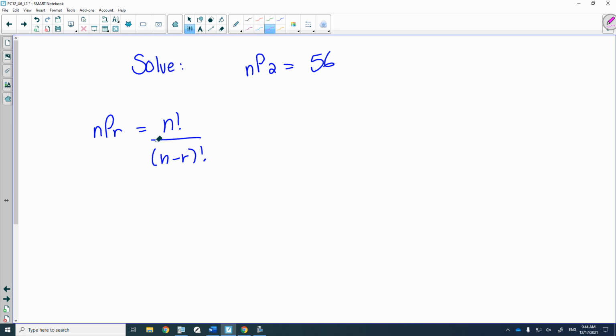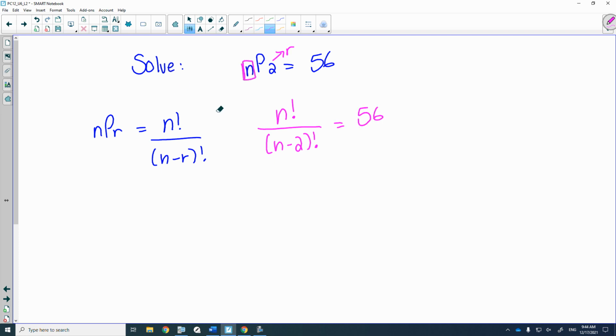Putting this into this formula, that's my n and this is my r, so it would be n factorial all over n minus 2 factorial. Start unzipping. Okay, that's going to be equal to 56.